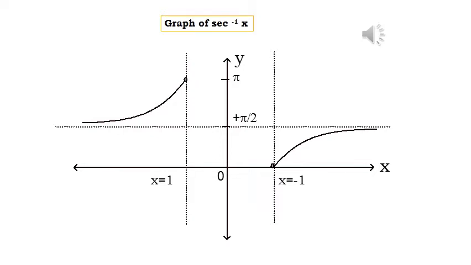So y equal to pi by 2 is the asymptote here. The graph of secant inverse x goes very close to y equal to pi by 2 but won't touch it at all. That's why y equal to pi by 2 is the asymptote, and the range of secant inverse x is 0 to pi except pi by 2.